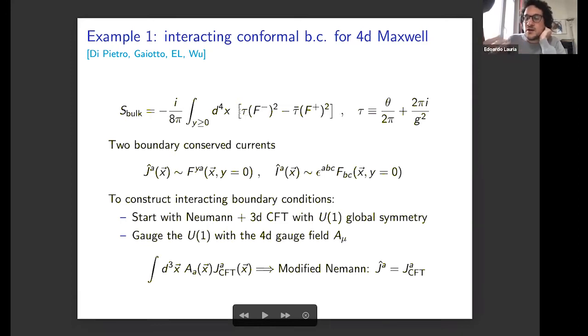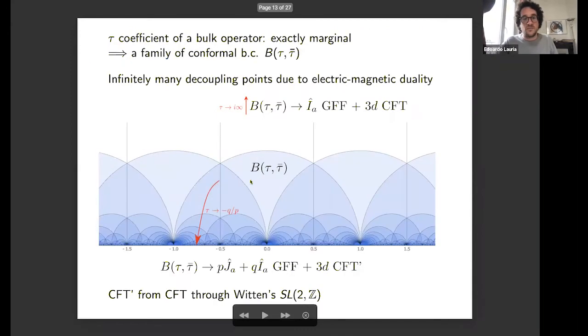The coefficient of a bulk operator cannot get renormalized by boundary interactions as a consequence of locality. The boundary interactions can only renormalize boundary interactions. So this object is not only marginal, but exactly marginal. And so this coupling defines a family of conformal boundary conditions parameterized by the upper half plane, the complexified gauge coupling.